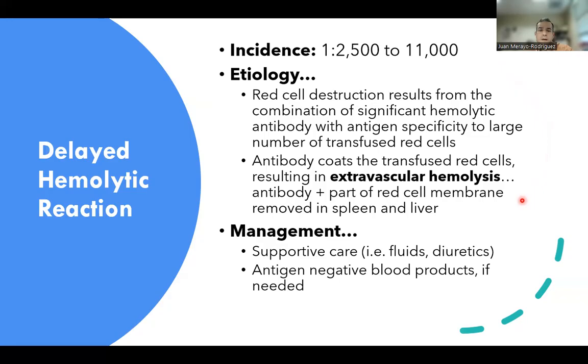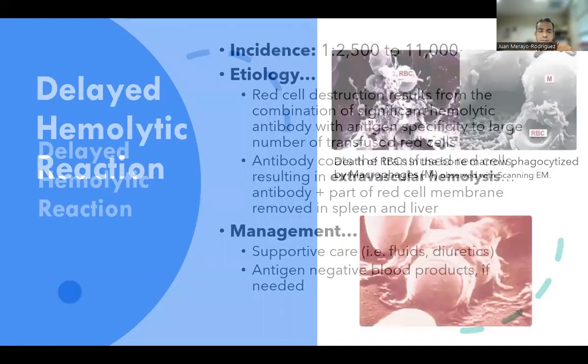Antibody positive, part of the red cell membrane removed in the spleen and liver mainly. Of course, it can also happen wherever you have macrophages, including the bone marrow. And the management is supportive care, giving fluids, diuretics as needed, but especially antigen negative components if transfusion is needed. That would be the best therapy.